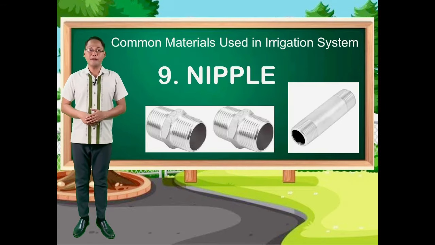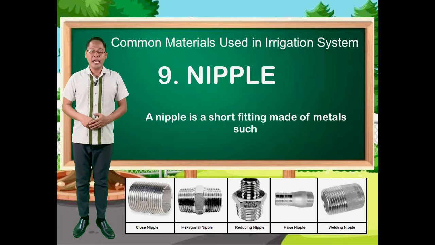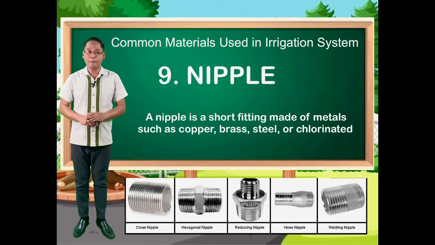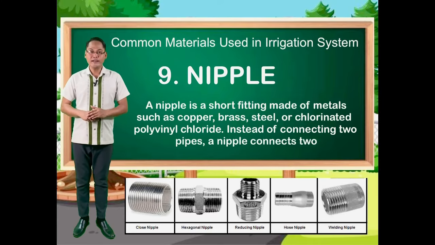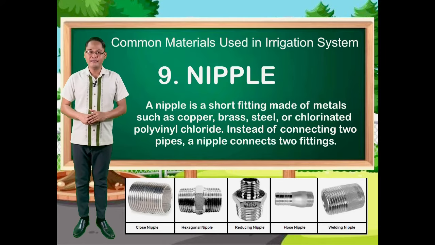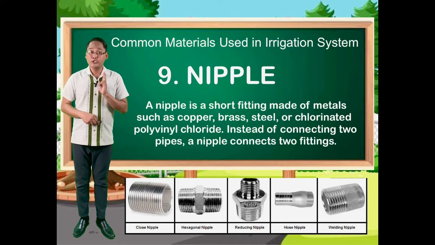The ninth example of fittings is nipple. A nipple is a short fitting made of metals such as copper, brass, steel, or chlorinated polyvinyl chloride, and instead of connecting two pipes, a nipple connects two fittings.